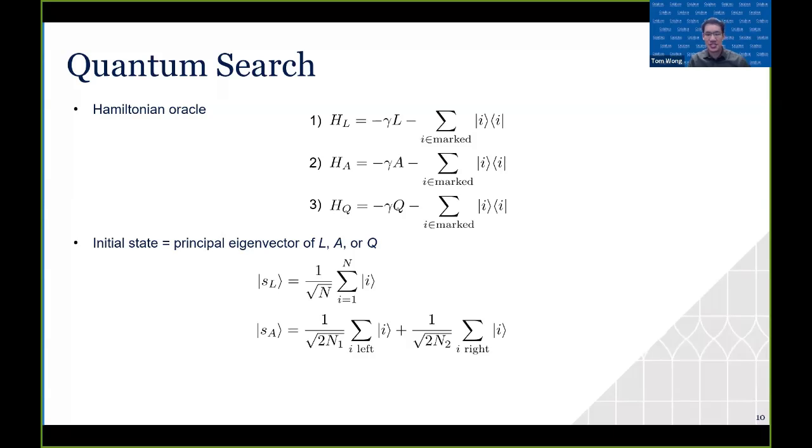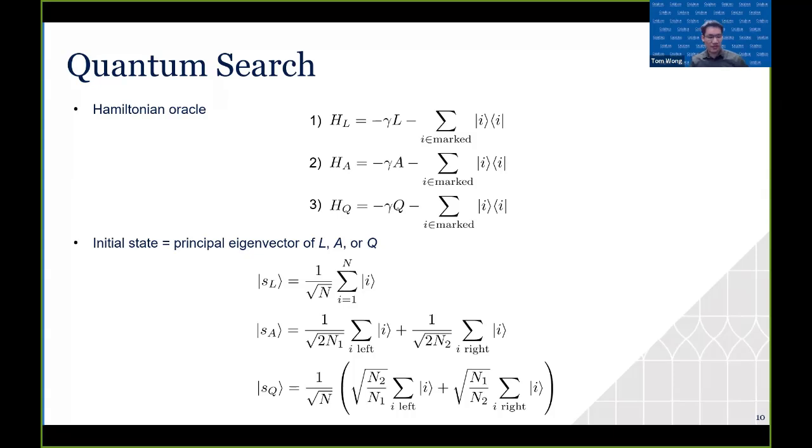And then for the signless Laplacian quantum walk, Molly and I showed that the state you want to start in is this one, where the initial amplitude for the left vertices is the square root of n2 over n1, where capital N by itself is the total number of vertices. And then the initial amplitude for the vertices on the right are similar.